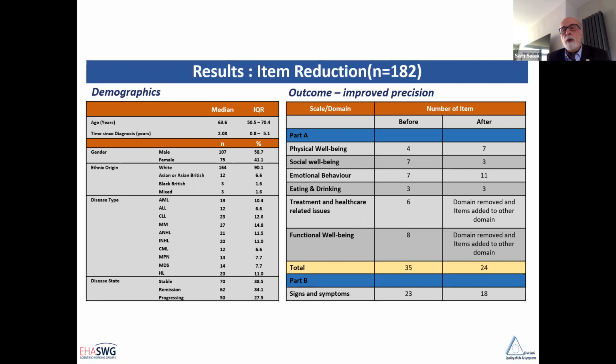So the HM Pro has 24 items in part A, impact on quality of life, and 18 in part B, signs and symptoms. We of course applied both the traditional and the sophisticated modern techniques referred to as factor analysis and item response theory in order to get to this. It's a very long-winded process, which I don't want to bore you with the detail.